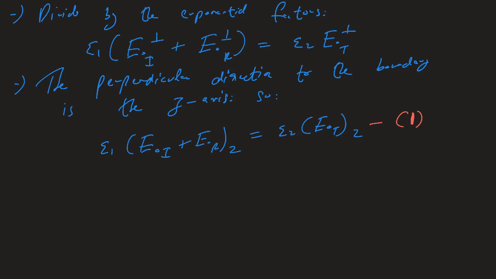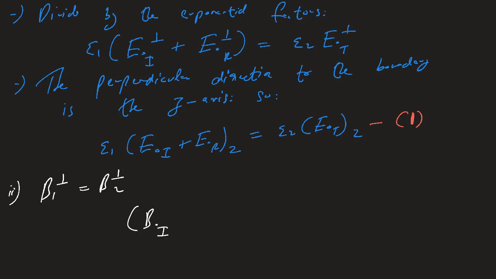Now our second boundary condition is that the perpendicular component of the B field in material 1 is equal to the perpendicular component of the B field in material 2. So once again, the perpendicular component is nothing but the component along the z-axis.